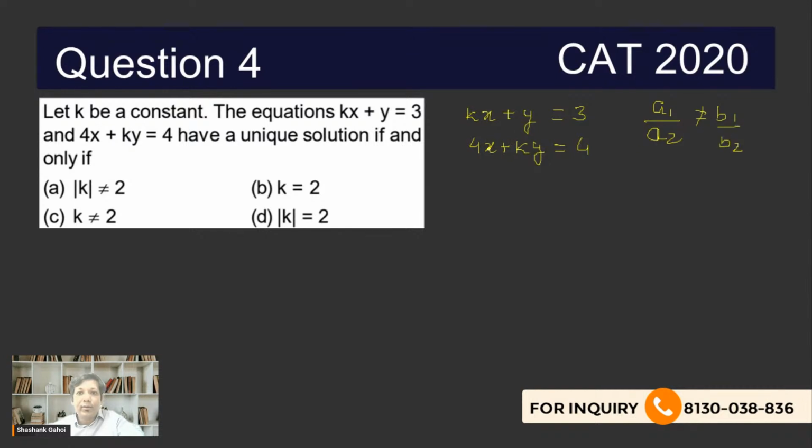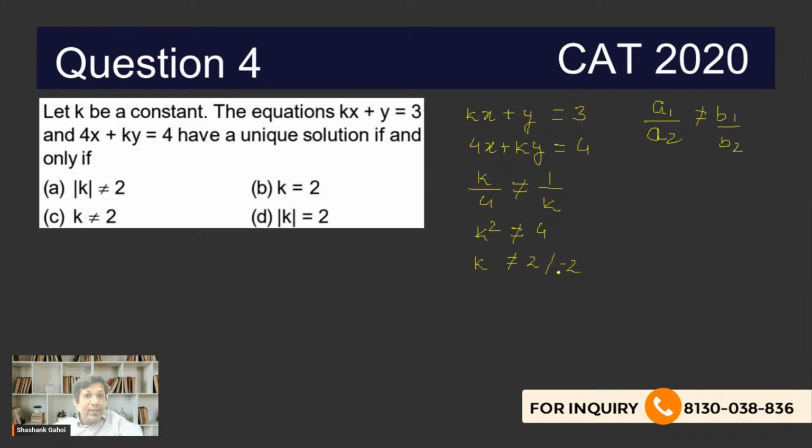So k upon 4, ratio of coefficient of x, is not equal to the ratio of coefficient of y. So k square should not be equal to 4. It means k should not be equal to 2 or minus 2.